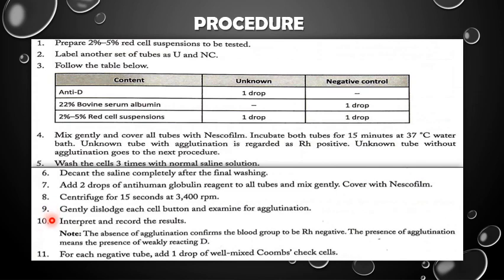Number 10, interpret and record the results. Note, the absence of agglutination confirms the blood group to be Rh negative. The presence of agglutination means the presence of weakly reacting D. Number 11, for each negative tube, add 1 drop of well-mixed Coombs check cells.